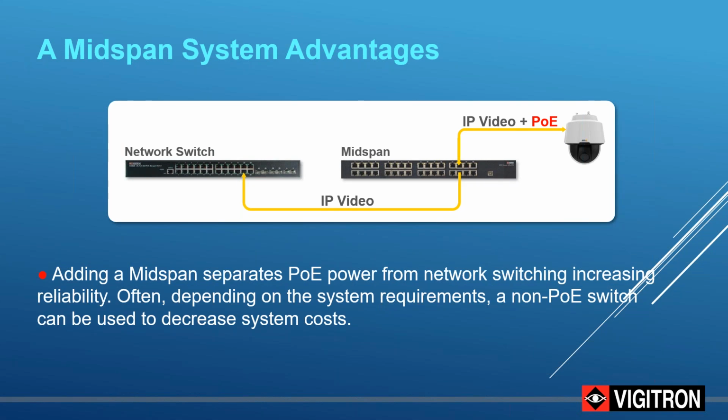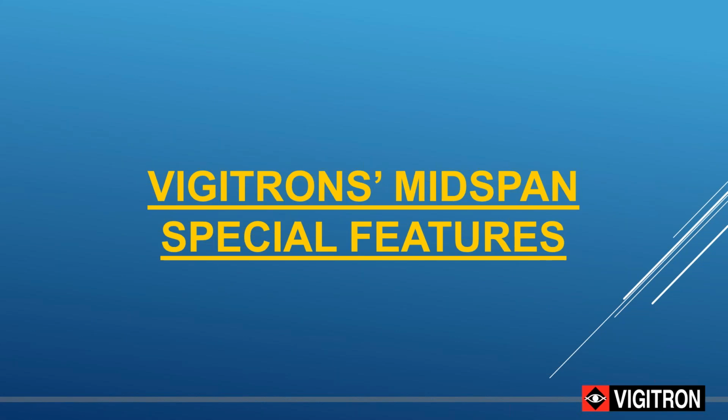So a midspan has many, many advantages over that of just a network switch itself. And the surprising thing is when you marry a midspan with a non-PoE switch, the cost of the system together is not that much greater than the cost of a PoE switch. Because in network switching, the most expensive component is actually the PoE component based on those abilities and the power supply.